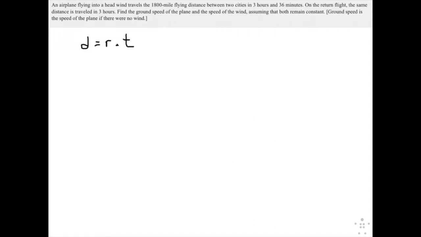So we have the speed of the wind and the speed of the plane, and we're either going to add it to find out the real speed if we're flying with the wind, or we're going to subtract it to find the speed of the plane if we're flying into the wind. So again, we are going to use a table, right? And our table is always going to look the same.